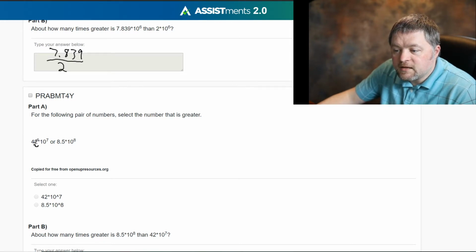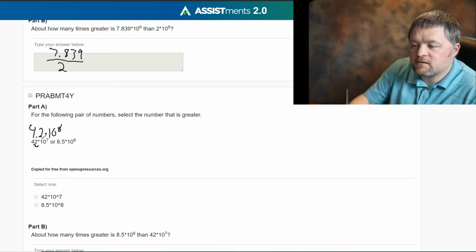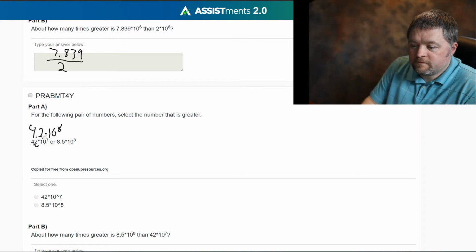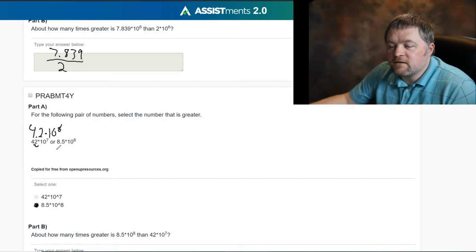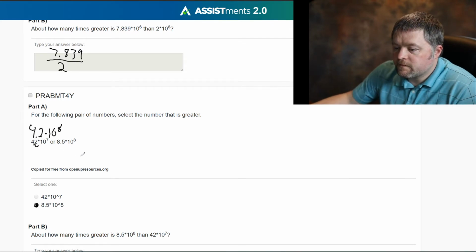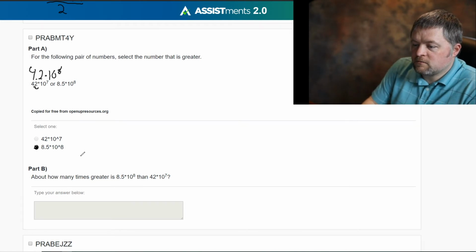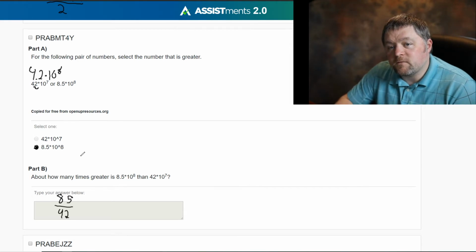And this would be 4.2 times 10 to the power of 8. Now which number is greater? 8.5 is definitely greater than 4.2. About how many times greater? 85 over 42, or 8.5 over 4.2.